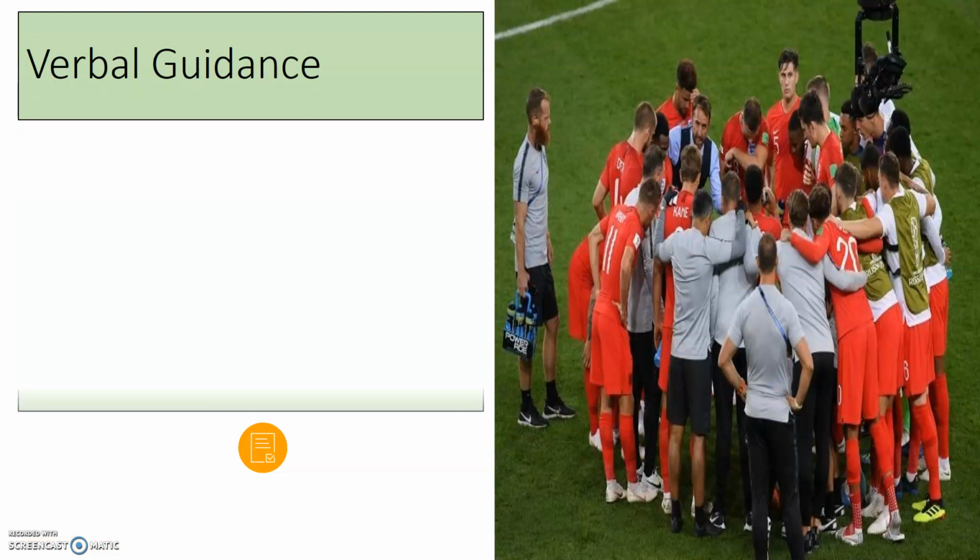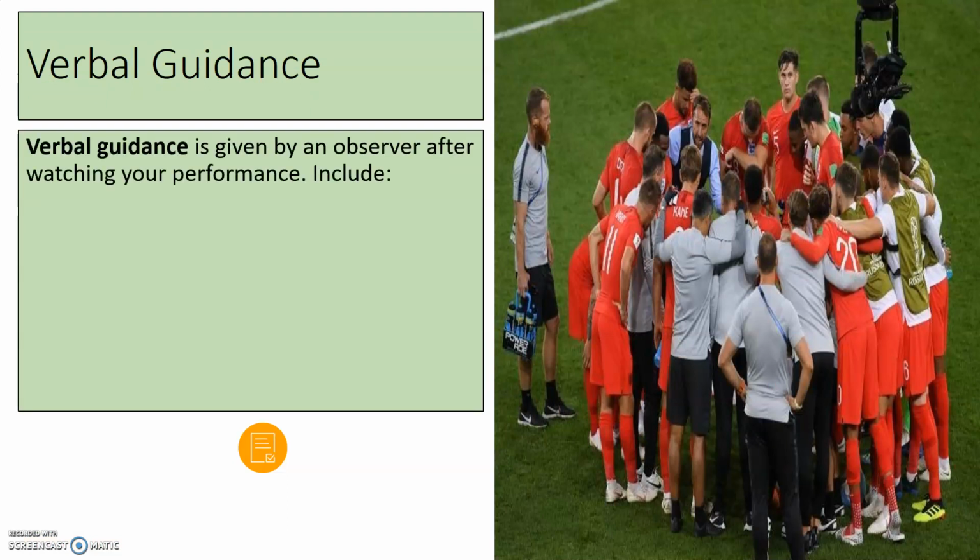Let's move on to verbal guidance. Verbal guidance looks at this idea of giving the performer verbal feedback, ultimately after watching the performance. This can be through things like coaching points, so the manager or the coach might give some tips to the performer verbally.